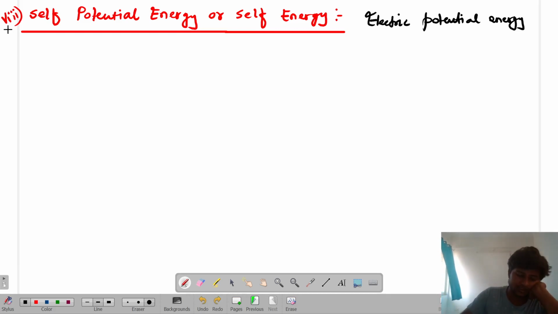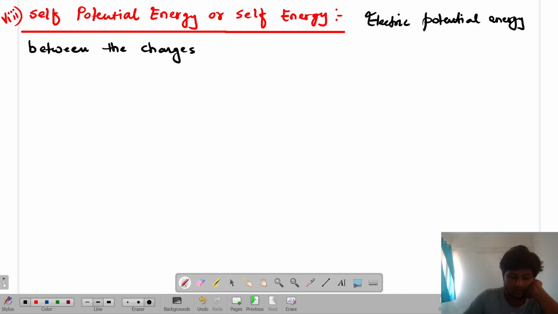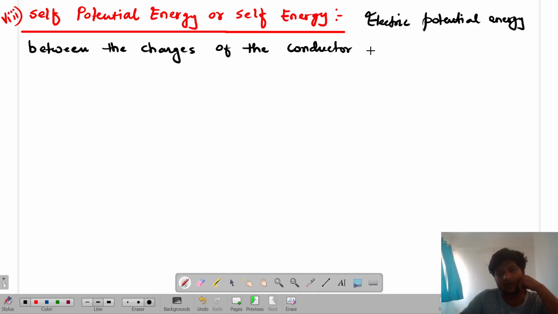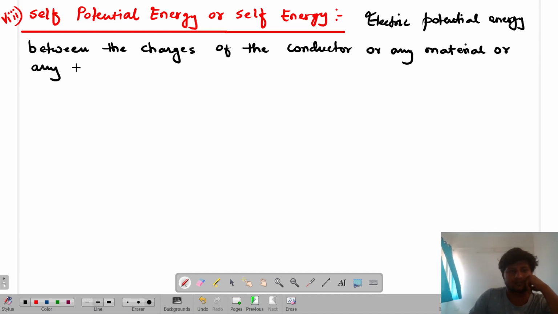So electrostatic potential energy between the charges of an object, of the conductor or any material or any system is called self potential energy or self energy. Are you able to get me?